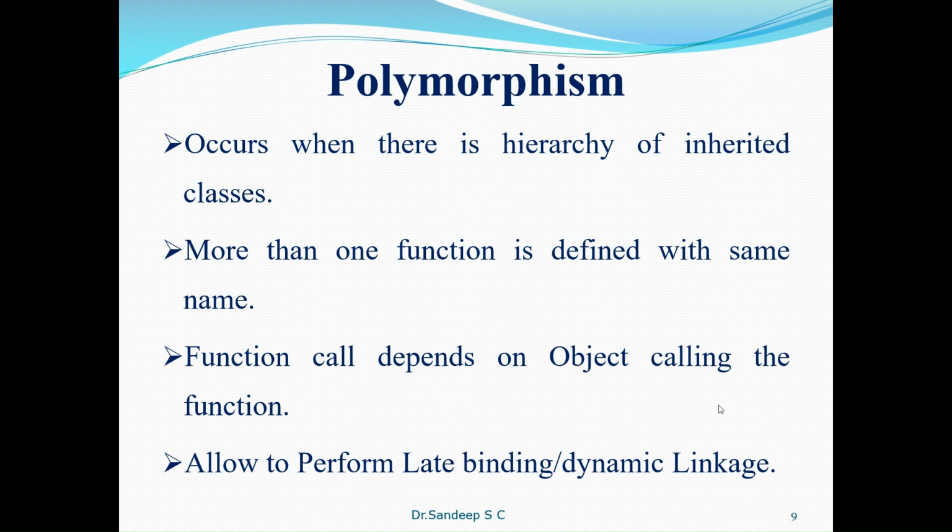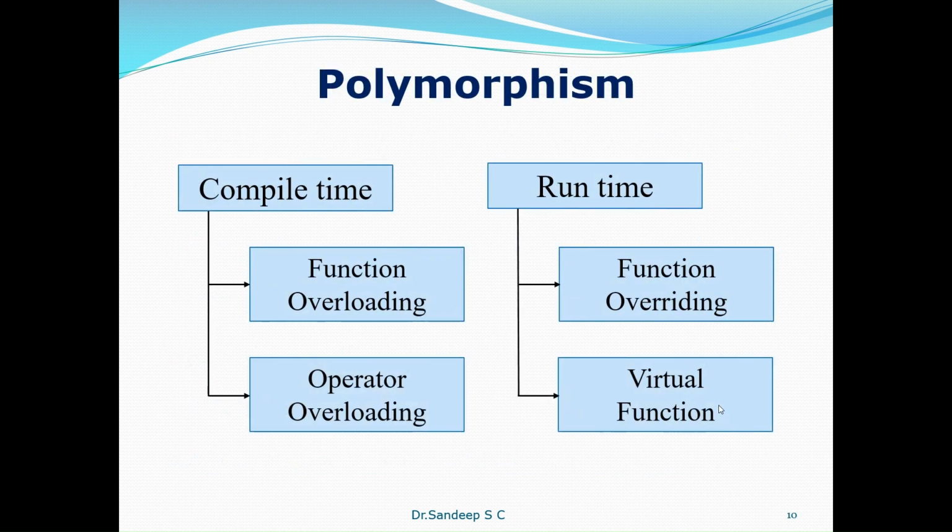We know that generally we cannot define more than one function having the same name, but polymorphism gives us that flexibility. The functions will be called depending on the object which is calling those functions. This also allows us something called late binding or dynamic linkage. We will discuss that. So this is how polymorphism is implemented.